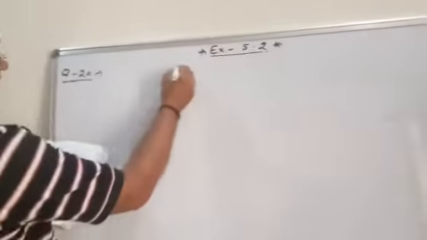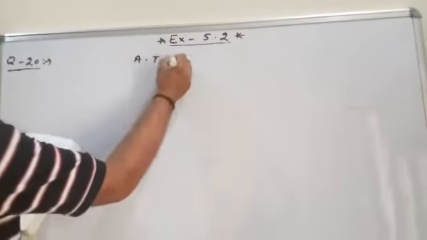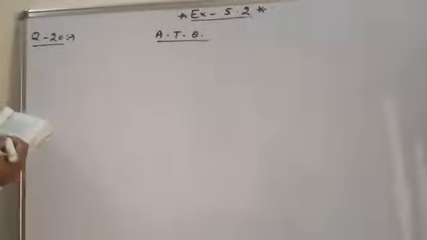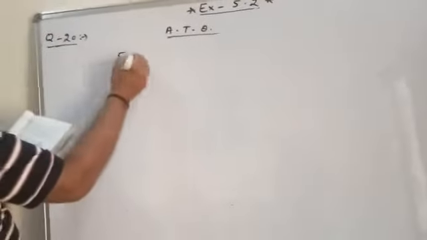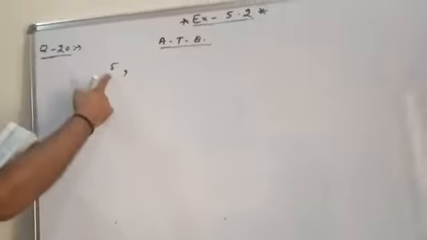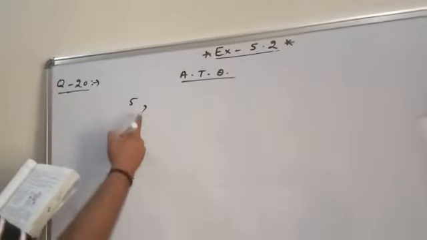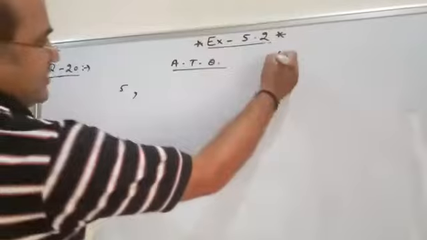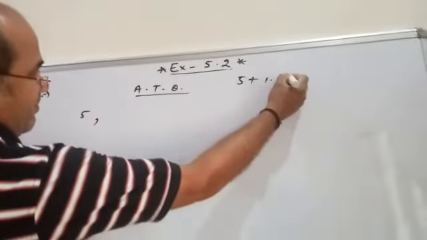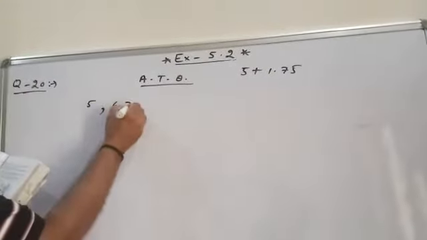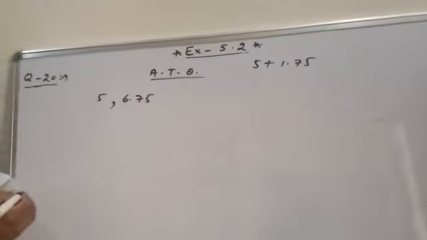So you can start according to the question. Ramkali starts with 5. In the first week 5. Then it increases by ₹1.75. 5 plus 1.75 is 6.75.